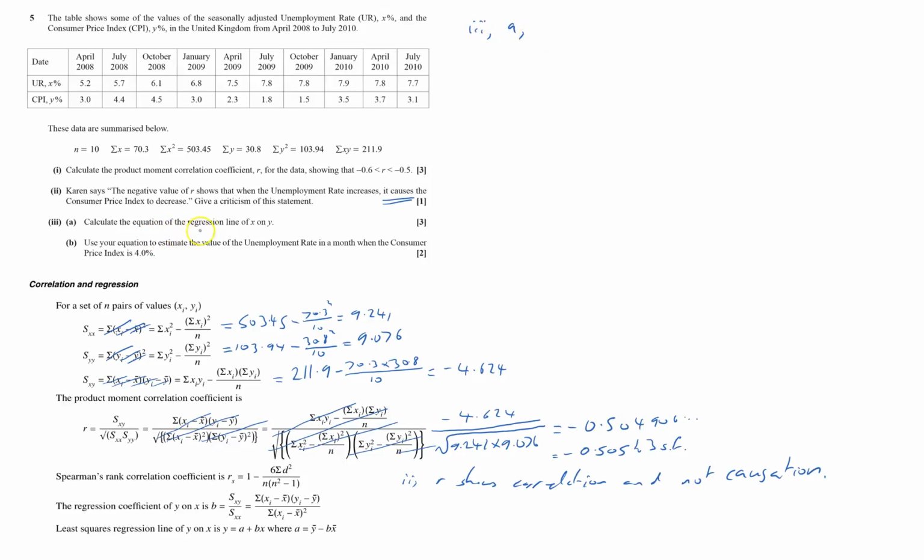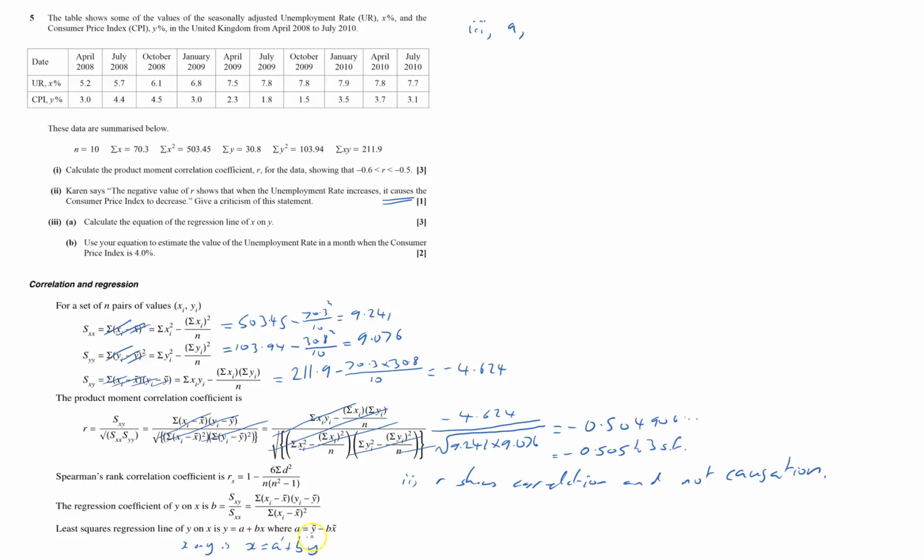Part 3, A, I'll do up here. I've got to calculate the regression line of x on y. Okay, that's a tougher one because that's not what's given down here. It's given as y on x. So knowing y on x, I have to replace every x with y. So x on y is, instead of having y equals a plus bx, going to be x equals a plus b, and that becomes y.